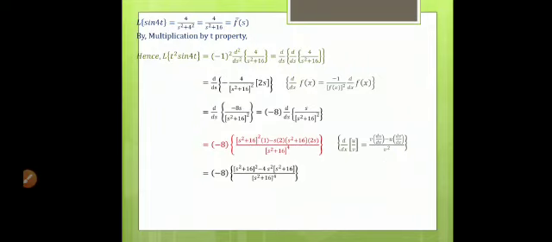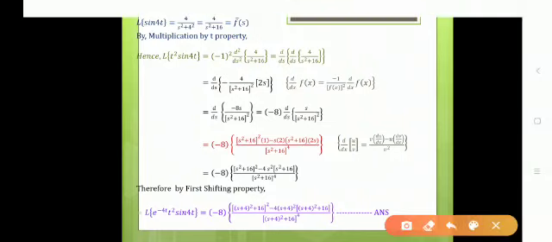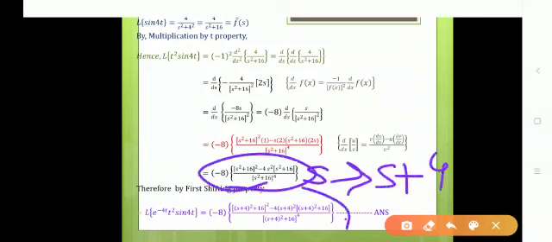Now the last part, just apply the first shifting property with e raised to minus 4t as a multiplier term. So you have to just replace s by s plus 4 in this complete result. You will get this result, and surely this result is the same as the previous result.